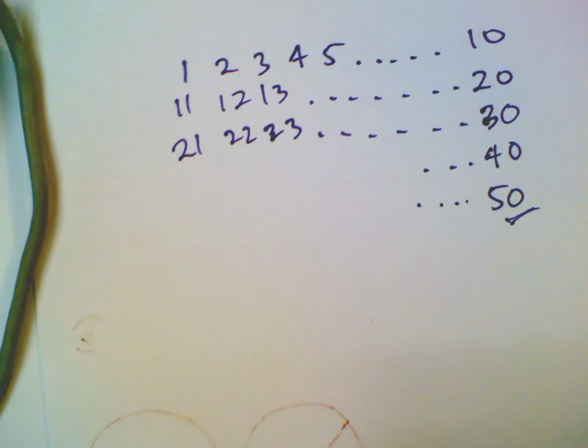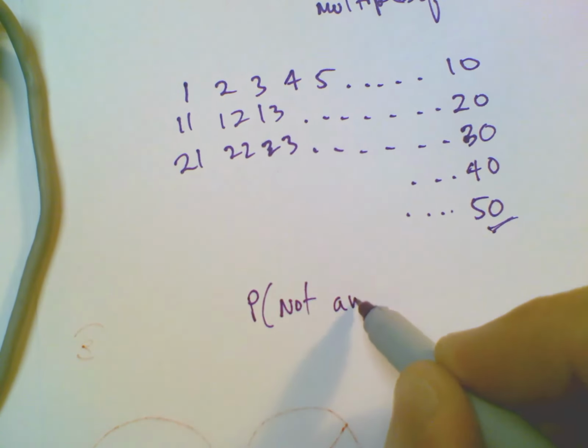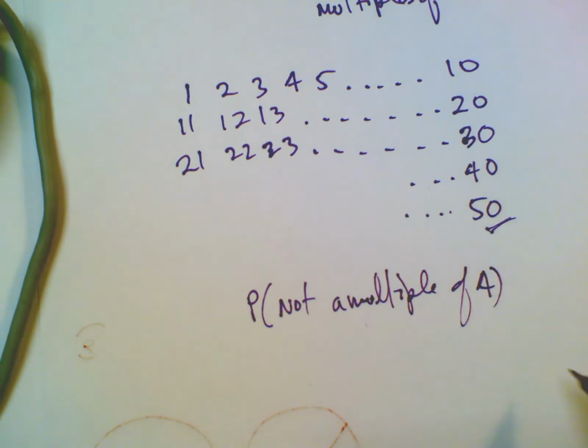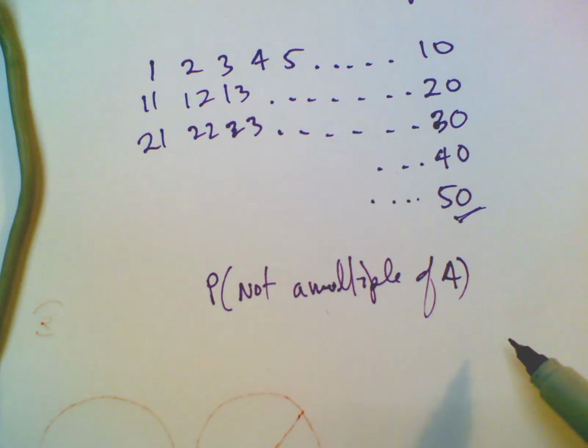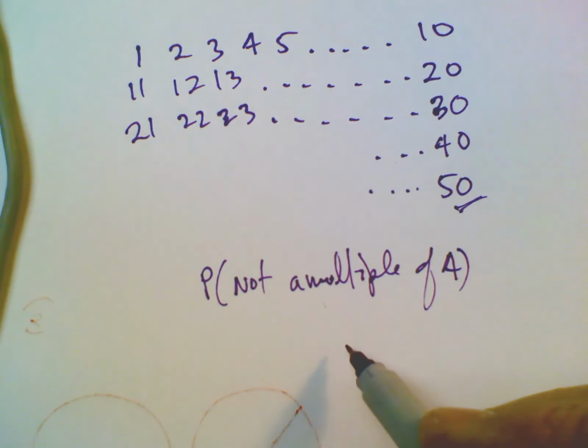So I'm going to go down here. I want to write this out. I'm looking for the probability of not a multiple of 4. So which numbers are multiples of 4? I'll just list them.